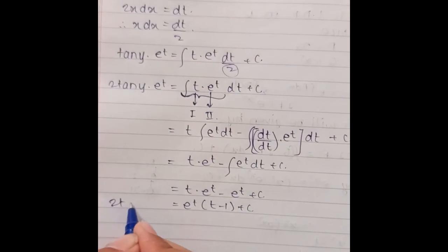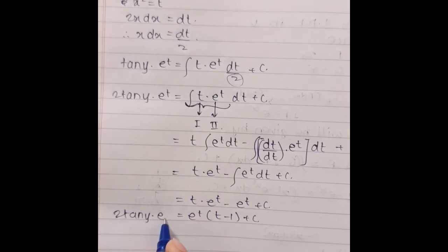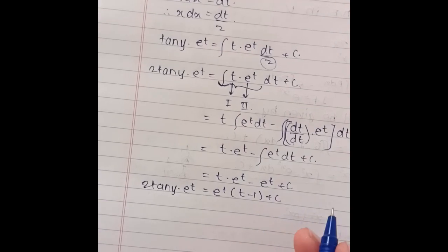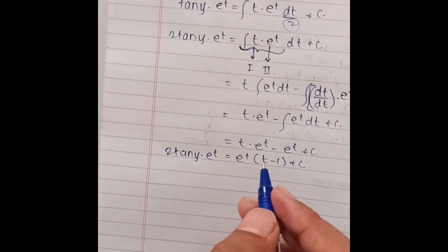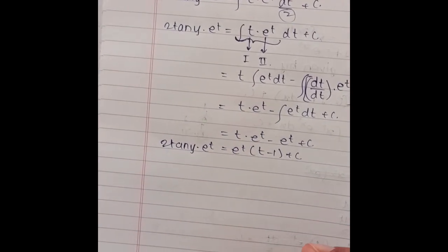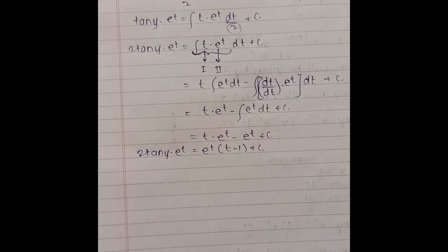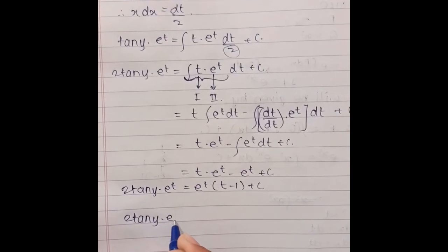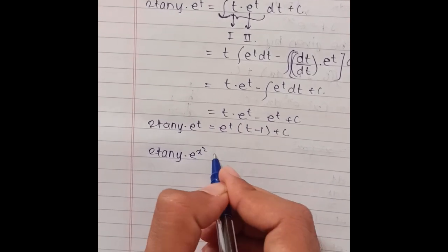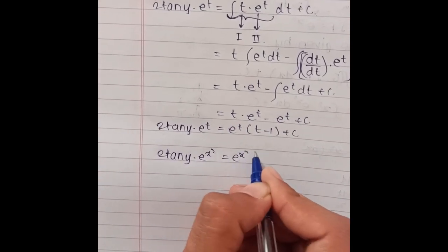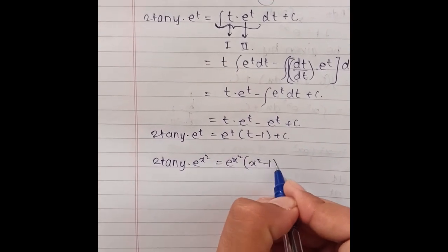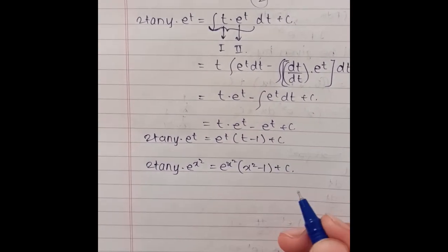So 2 tangent of y into e raised to t is this. Now putting all the values back, we get 2 times tangent y into e raised to x square is equal to e raised to x square into, with t as x square, x square minus 1, plus c.